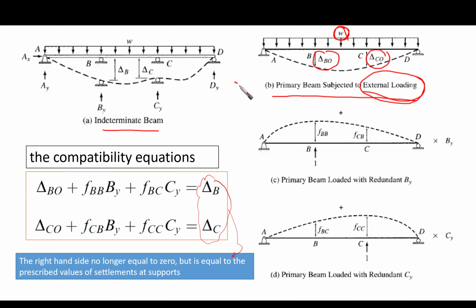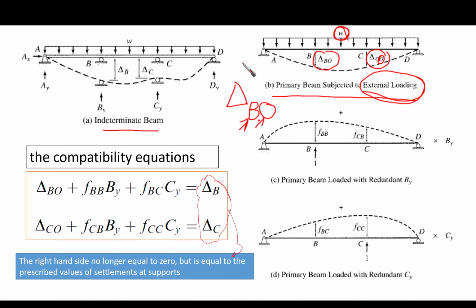As I said before and many times, in delta B node, the first letter means the displacement at this point, and the second letter, O or node, means it is due to the external load. In our case, the external load is the distributed load. Similarly, delta C O means the displacement at point C due to the original loading O.